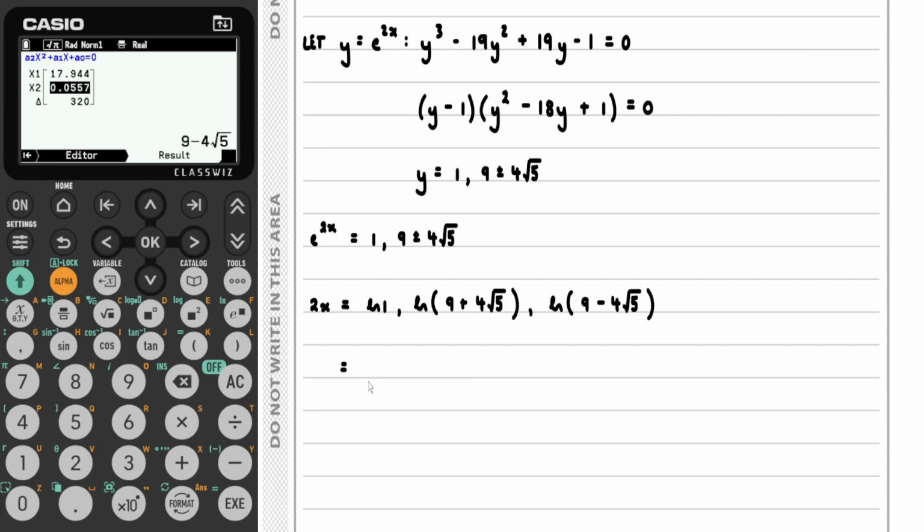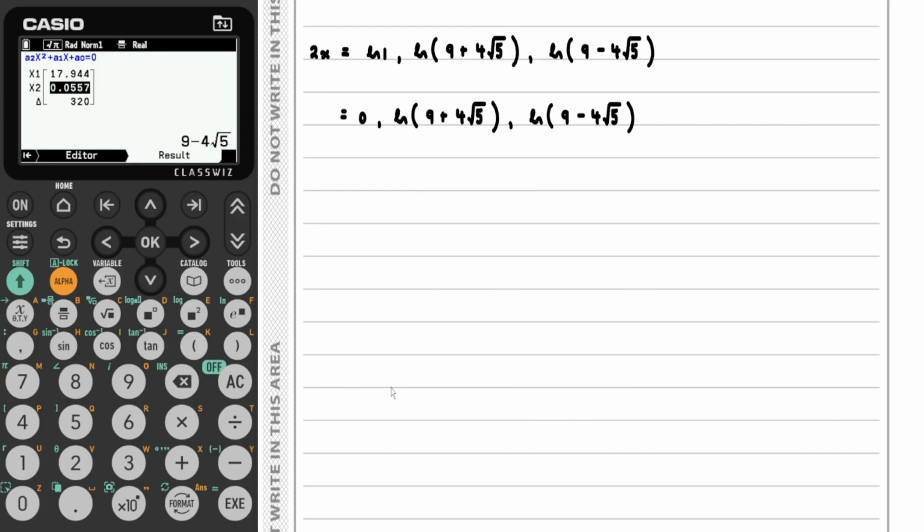The natural log of 1 is just 0, so 2x is equal to 0, the natural log of 9 plus 4 root 5, and the natural log of 9 subtract 4 root 5. We can now divide each of these by 2 to find out what x is. 0 divided by 2, that's just 0, and then we have a half times the natural log of 9 plus 4 root 5, and a half times the natural log of 9 subtract 4 root 5.